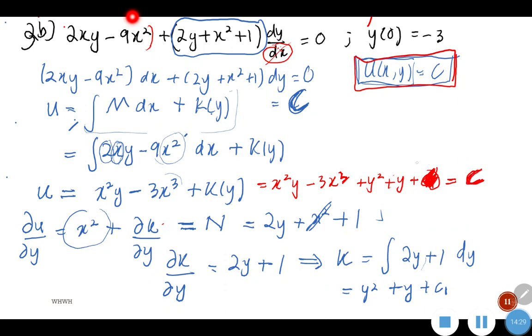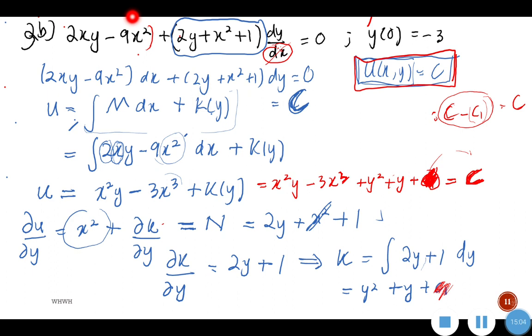Maknanya ibarat kata kita bawa C ni ke belah kiri, dia jadi C minus C1, but we do not know what is our C1, maybe positif ke negatif ke whatever. So don't worry, we just consider this as a big C je lah. Untuk memudahkan cara, you tak payah tambah C kat sini terus pun tak apa. At the end you just make it equals to C besar. Alright, clear?